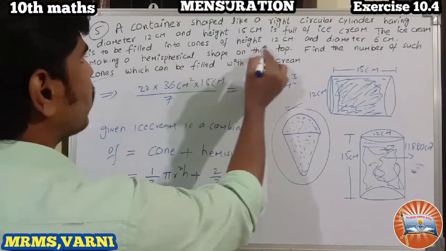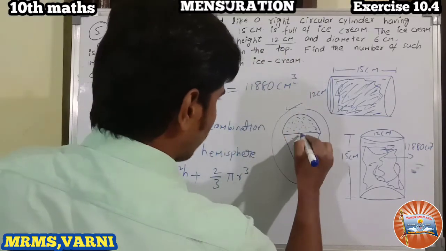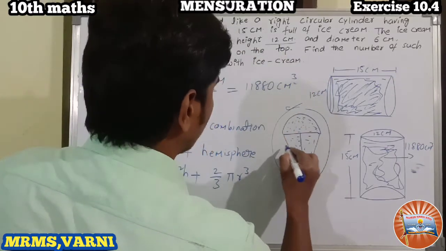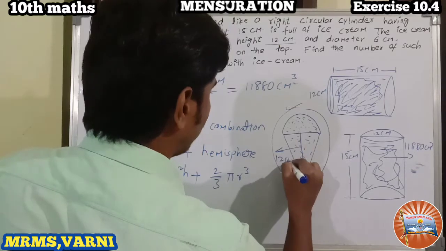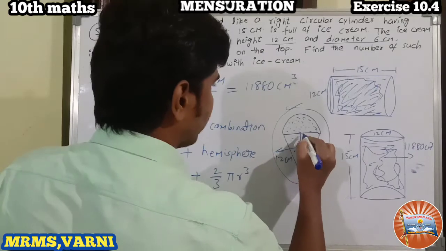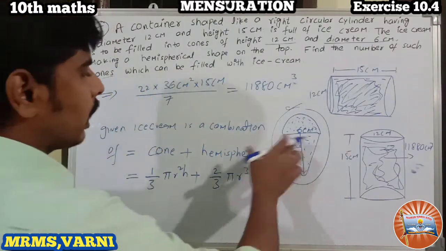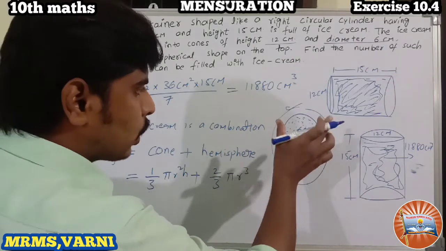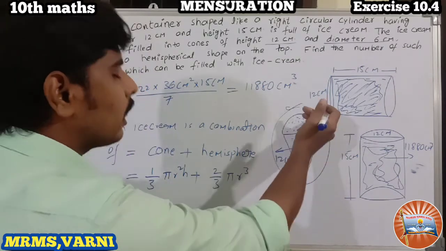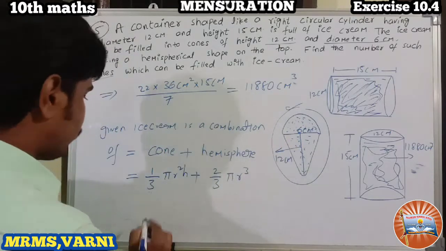The height of the cone is 12 centimeter, and the diameter of the cone is 6 centimeter. The diameter of the cone and the diameter of the hemisphere are both the same because they coincide there.